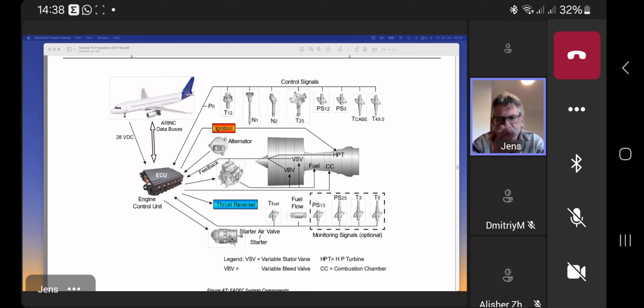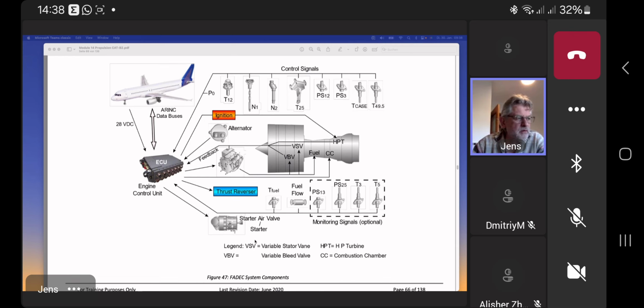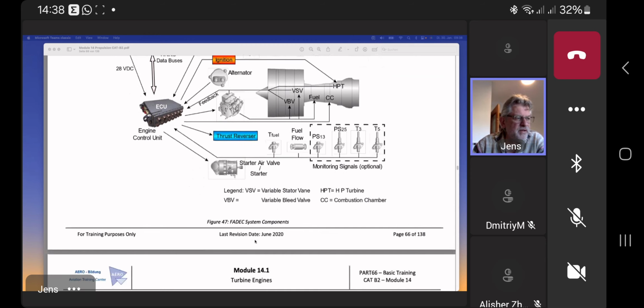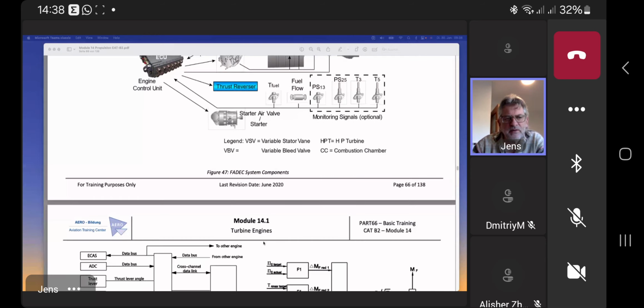That's how they reach safety in the system, by comparing themselves and doing the right job. FADEC was introduced at the end of the 80s, so some decades now, and it seems to work. This is a theoretical idea.